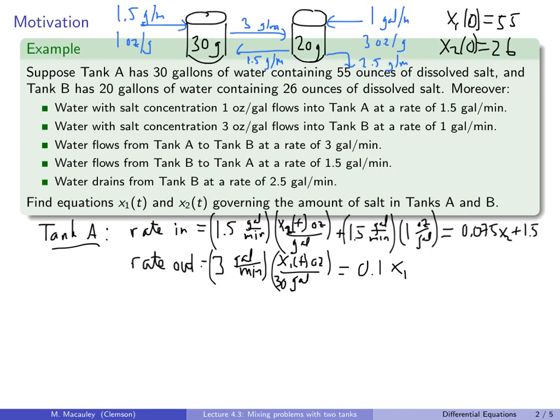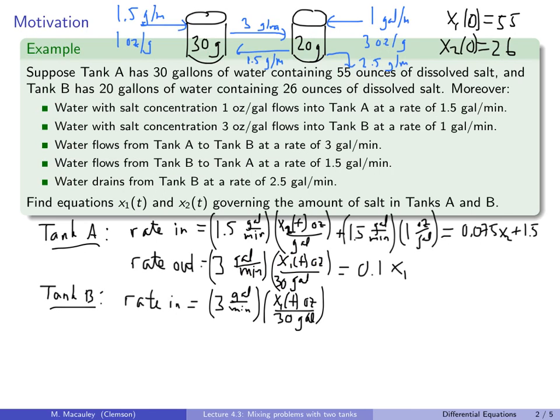Okay, so tank 2, or tank B I should say, the rate in. So this water flows out of tank A into tank B, so rate in is going to be the same thing as above, so 3 gallons per minute times x1 of t ounces over 30 gallons.